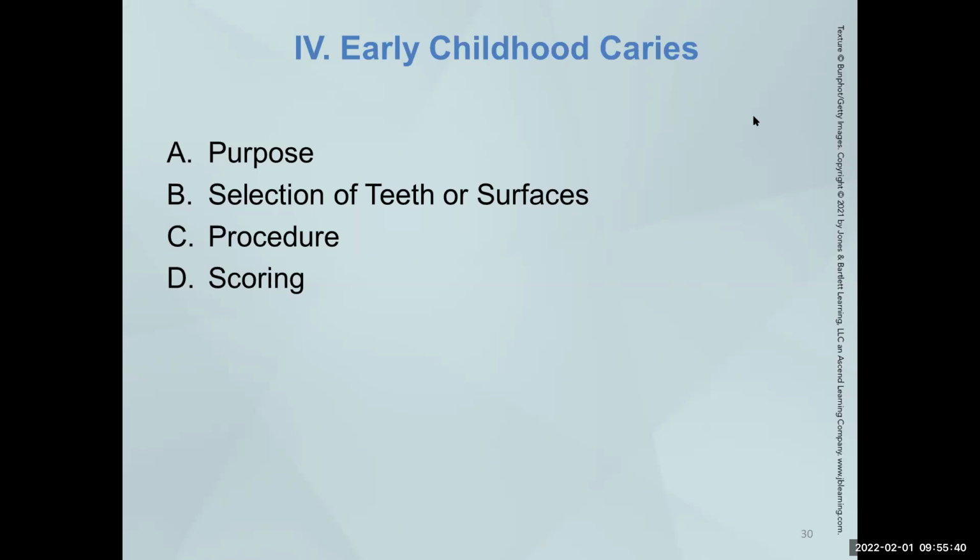So if the mother and father or the primary caregivers don't have healthy mouths, you don't want them introducing that bacteria into that child's mouth, because some people don't have strep mutans. If they don't have strep mutans, their likelihood of getting tooth decay is a lot less. So we're educating the patient all the time.